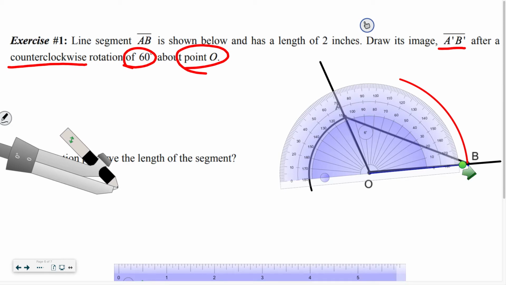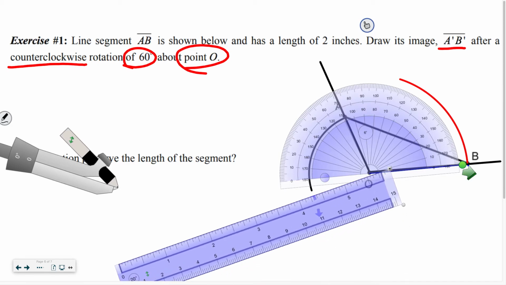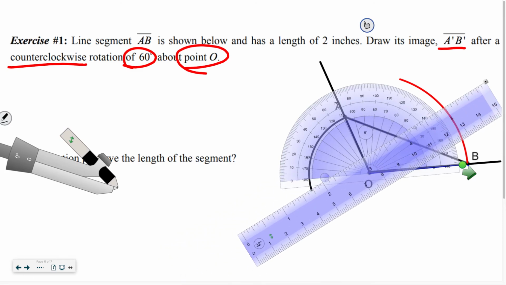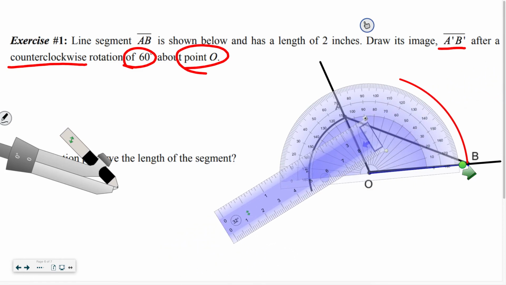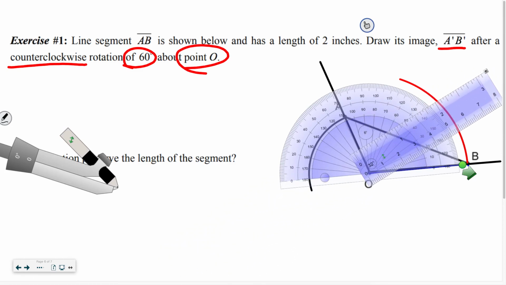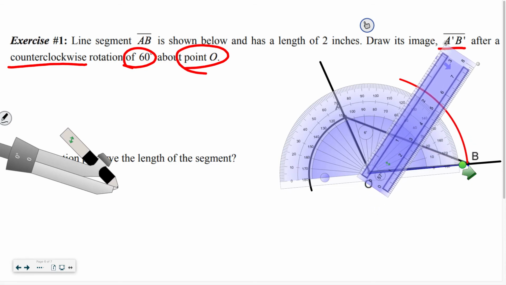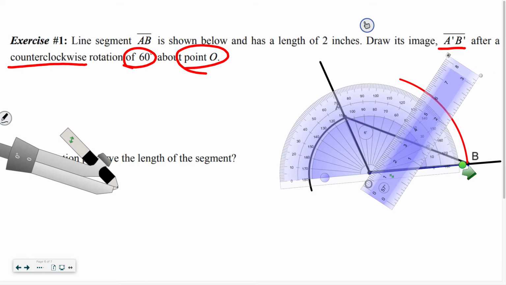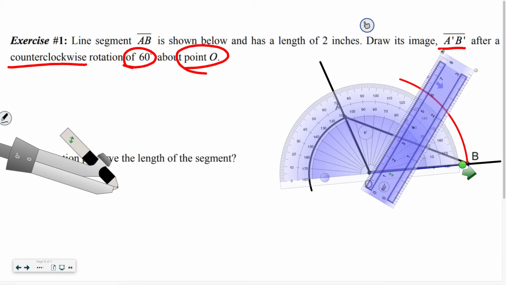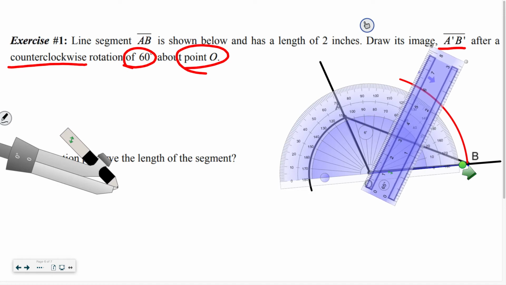And now we're going to look for the other side. So with my straight edge, I'm going to find 60 degrees. Where is 60 degrees? There. You see 60? Right there. There's 60 degrees.